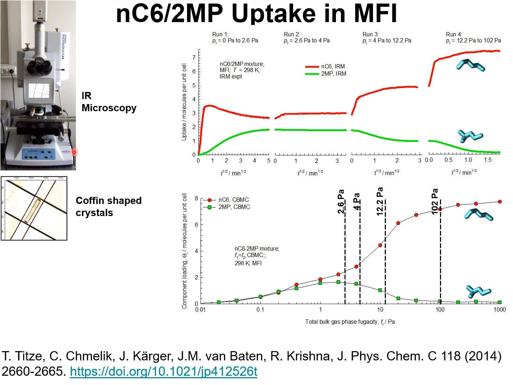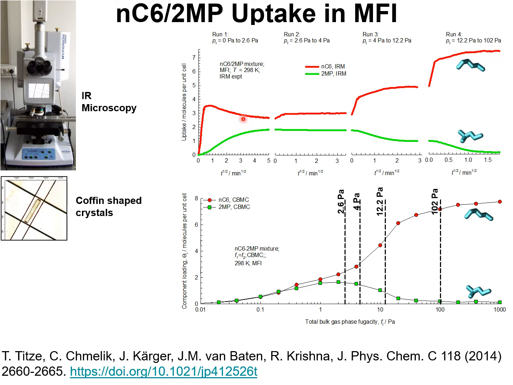The transient uptake experiments were conducted using infrared microscopy. The experimental data were published in this paper. This is a collaborative work with Professor Kärger, the University of Leipzig in Germany.